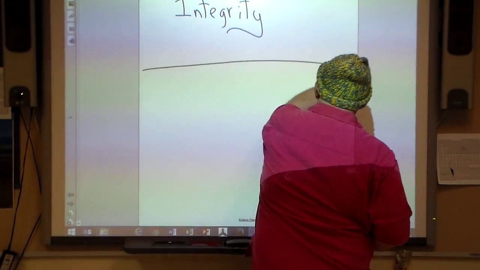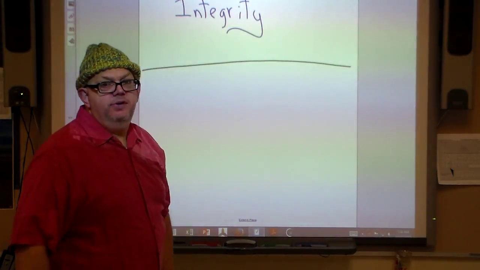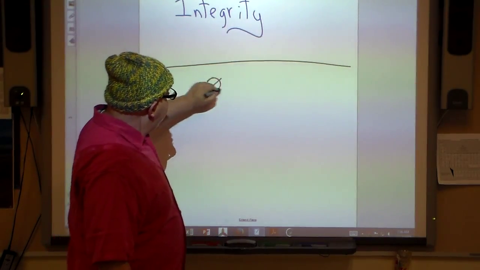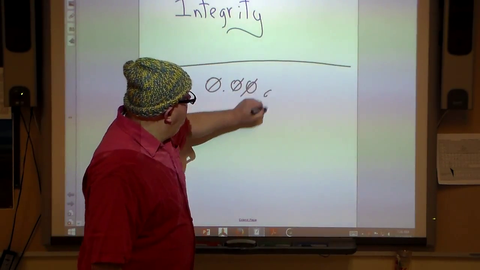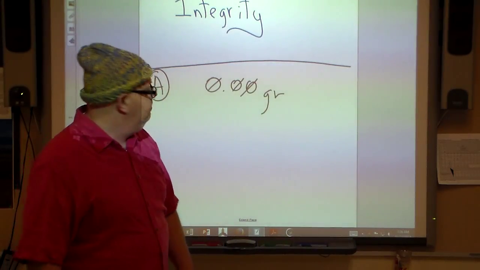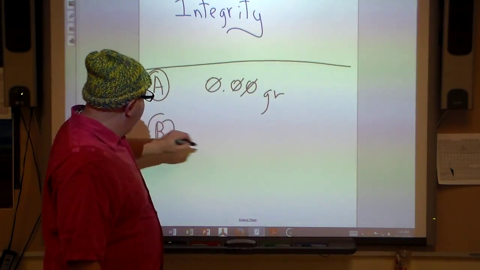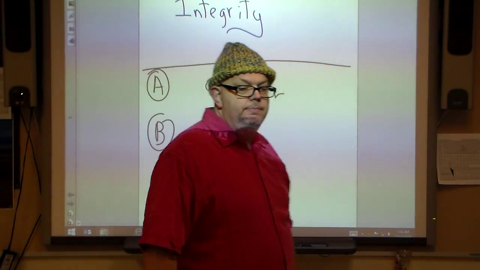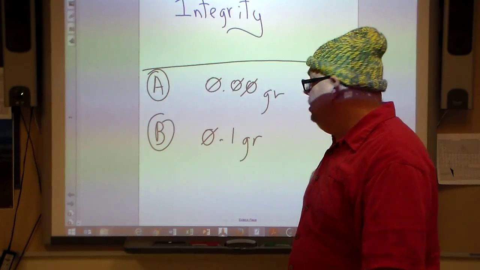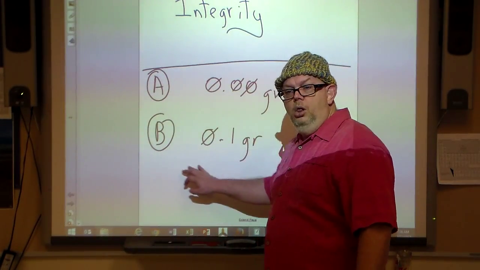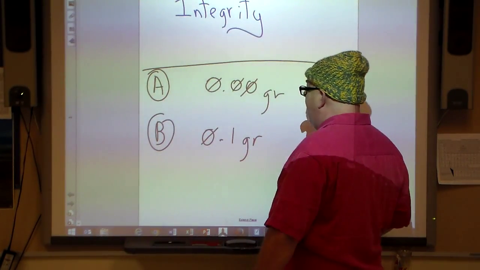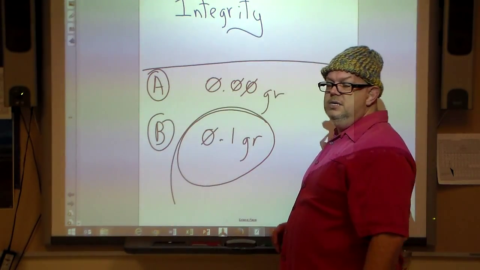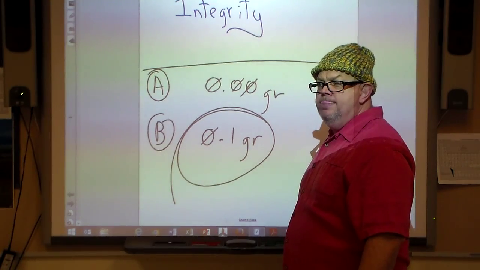You do an experiment where you're using two pieces of equipment. Equipment A only measures out to 2 decimal places. Equipment B measures out to 1 decimal place. So when we're making all our calculations, at the end of it all, we want to take into account the least precise measurement.